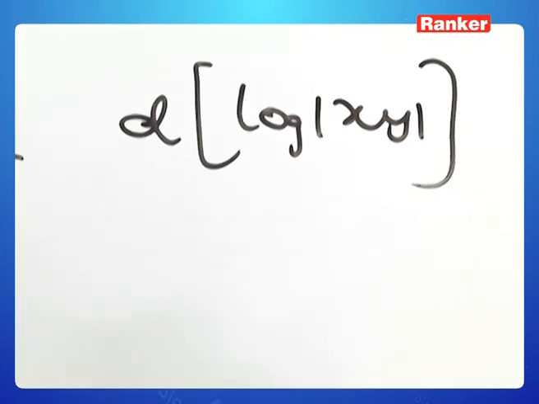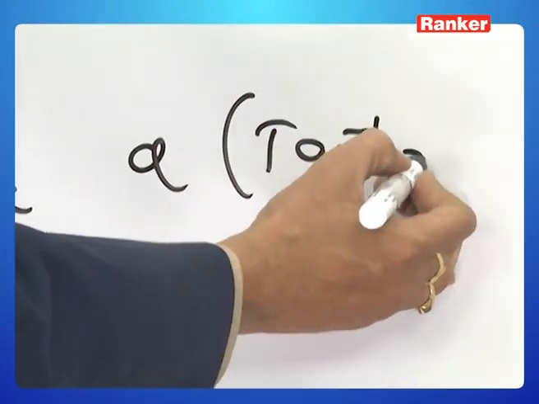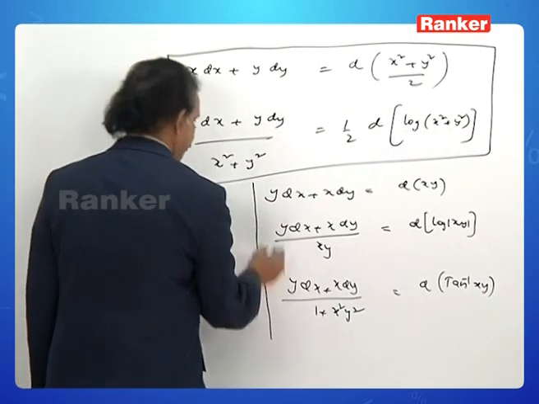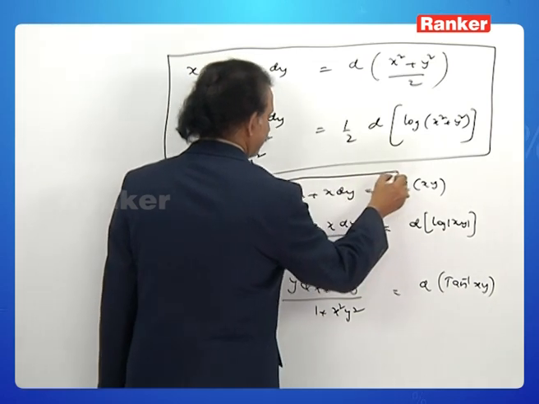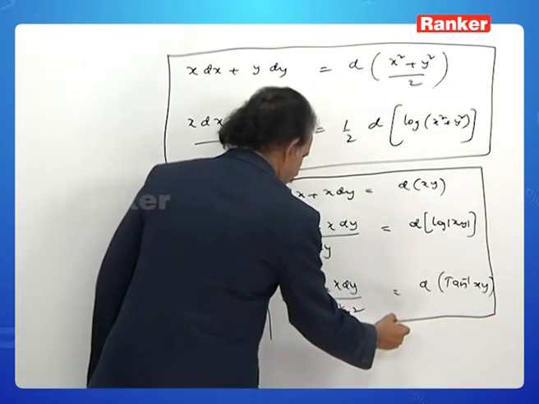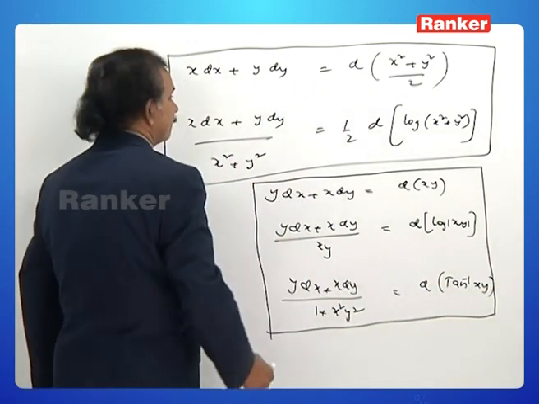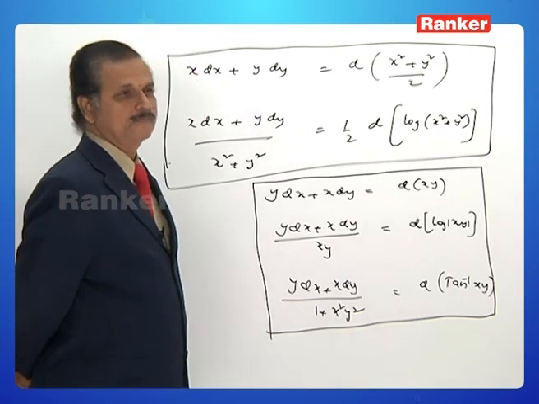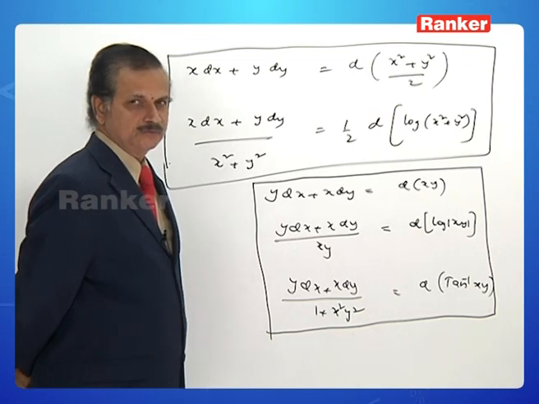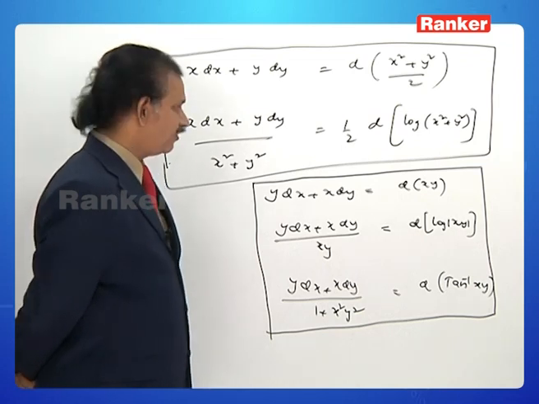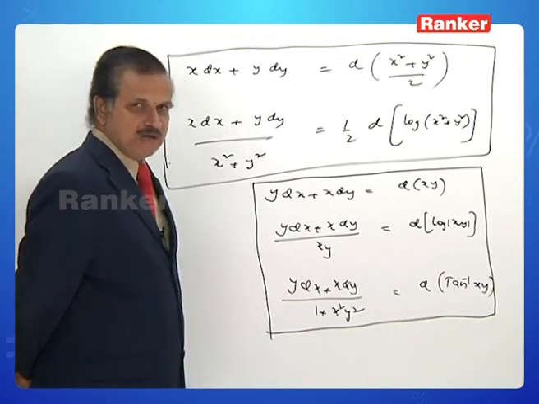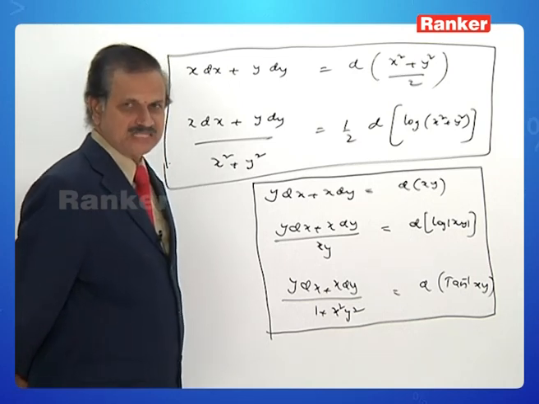And this is nothing but d of tan inverse xy. Please note them down. These are very important. You join them to your memory box. Yes. Let us now create the third variety of boxes.